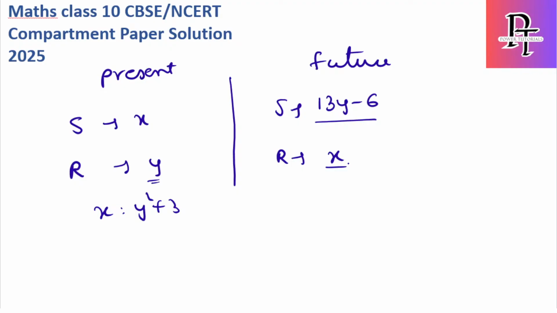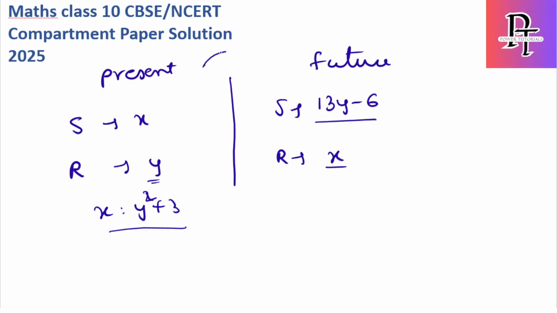Hope you are understanding the scenario. We have present age and future age. Present ages are x and y, and we have a relation, x is equal to y square plus 3. In the future ages, Saurav's age will become 13y minus 6, and Ravi's age will become x because he is becoming the father's age.